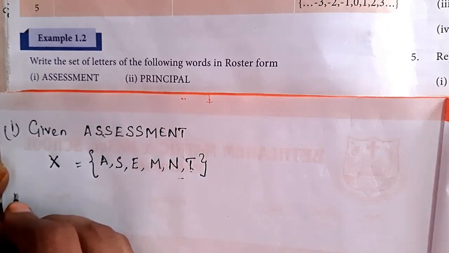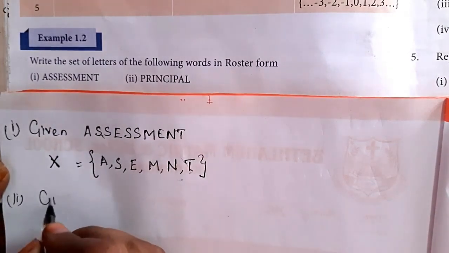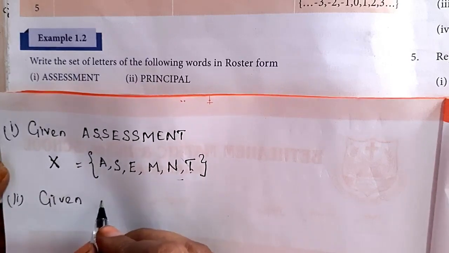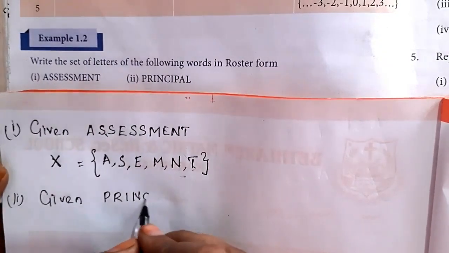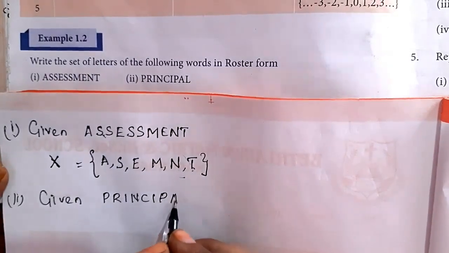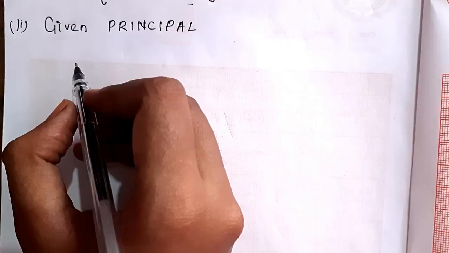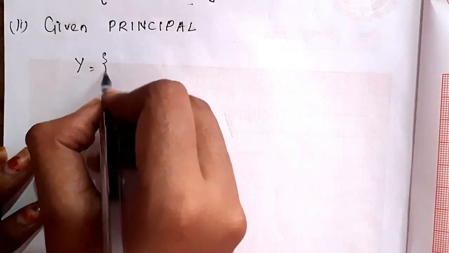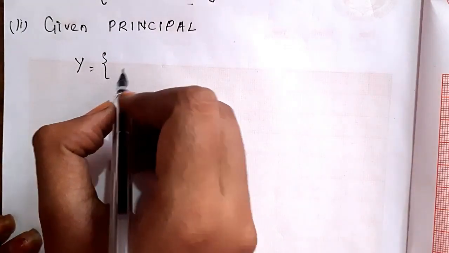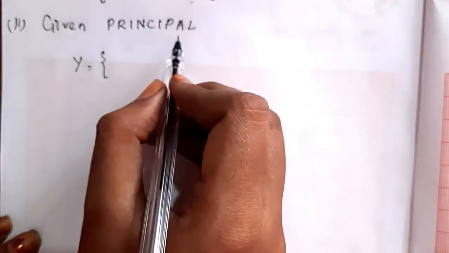Same thing. Can you guess that? What is given in the second one? Principal. So this set I can take as Y. Y equal to. Our question is we have to write the set of letters in this word.